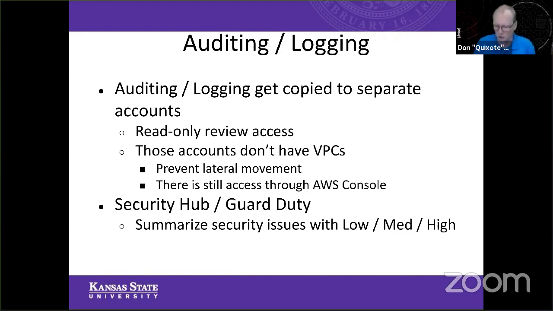It's not going to be effective. But Security Hub and GuardDuty are built into AWS. Eventually we might get to a full SIEM product, but these provide some basics, and you can also add more hooks into them for other specifics if they don't have a hook already.